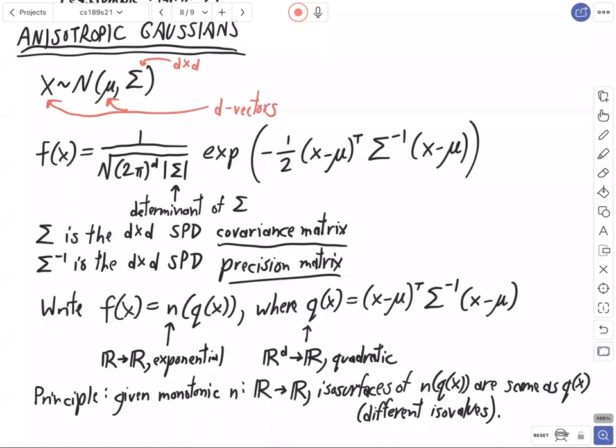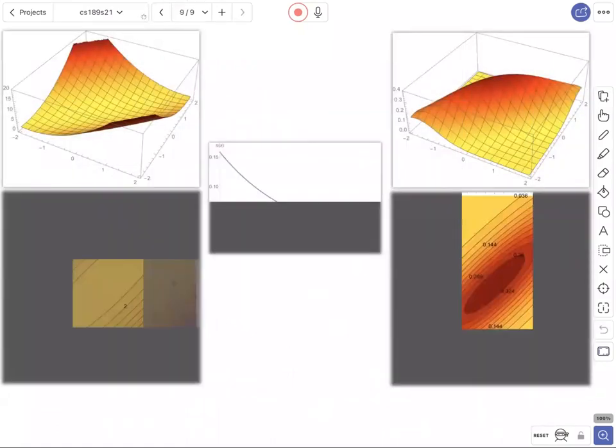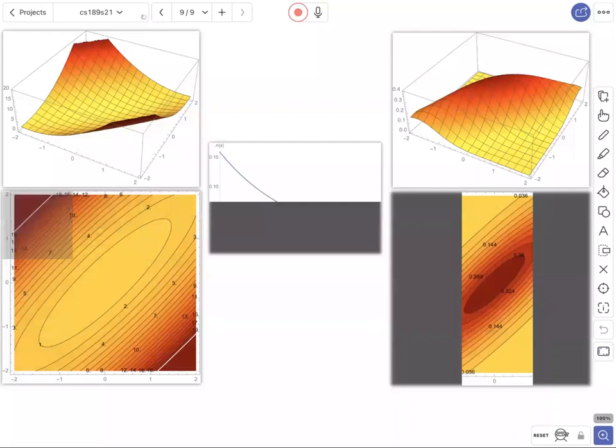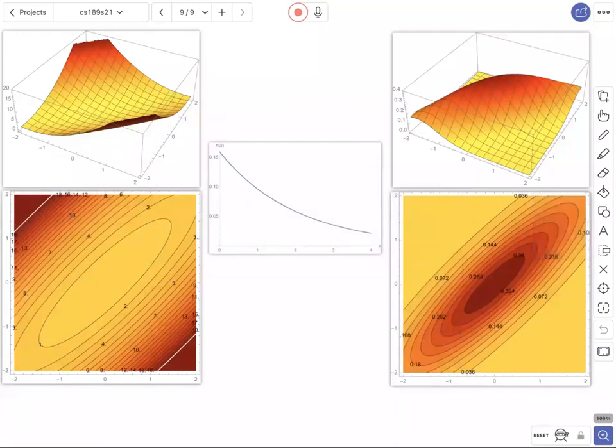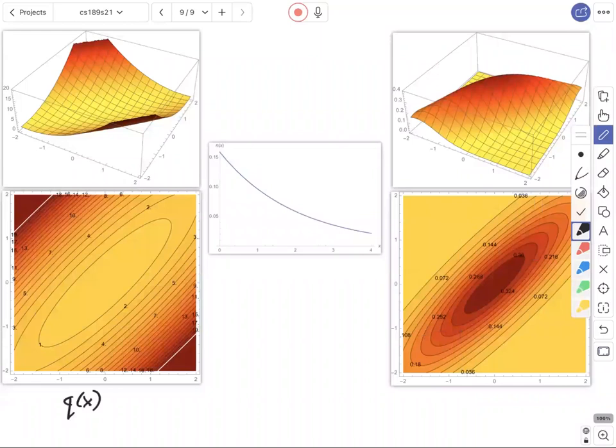So let's visualize this. What we've got here on the left is the function q of x that I was just talking about. This is the quadratic bowl function. And so it's easy. We know how to understand this now. It's just a quadratic with anisotropic contours, but everything about this lecture has told us how to understand what these contours look like, what their radii are, what their axes are.